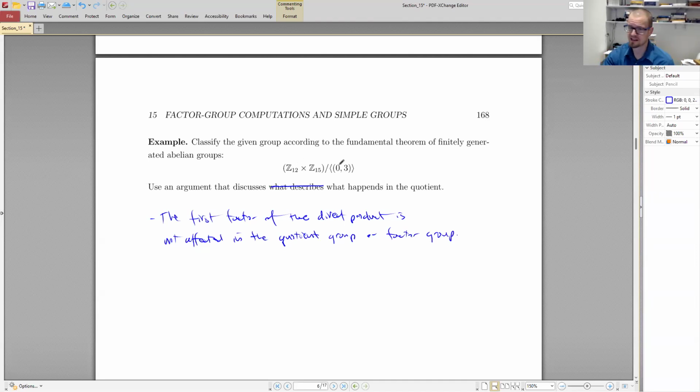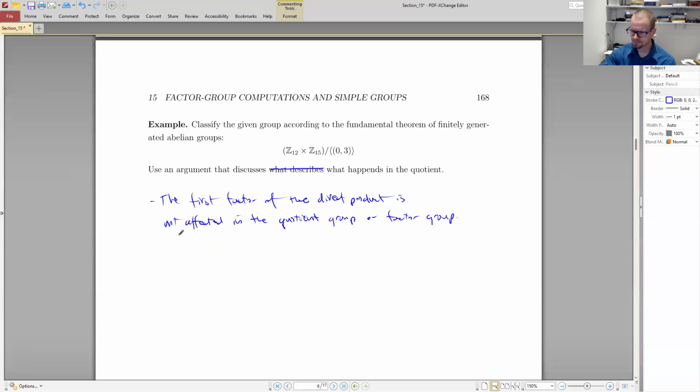Because I'm essentially dividing by the identity, right? If I take something and divide by 1, I'm not changing it. Or subtract 0, I'm not changing it, right? That sort of idea. I'm not changing Z12 when I take the quotient.